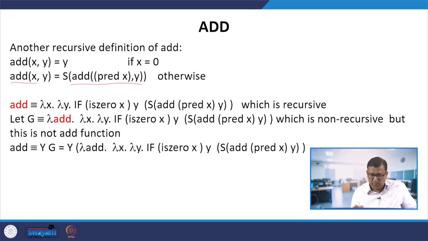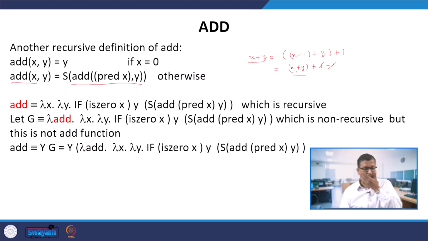So what this means is, you are saying x plus y we are doing as x minus 1 plus y, and then successor means we are doing plus 1. So that means we can write x plus y plus 1 minus 1. So this gets cancelled. So this is x plus y equals. So this is another way of writing. So we are going to use this one for our illustrative purpose. You can also do the same thing for the previous one.